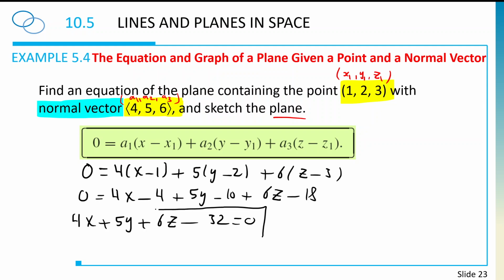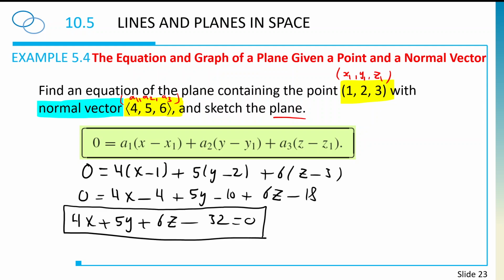And this is basically the equation of the plane. Notice it has 3 variables, x, y, and z. So this is our first case, a straightforward, easy case. This is the minimum requirement. I always like you to remember the minimum requirement: I need one point and a normal vector.